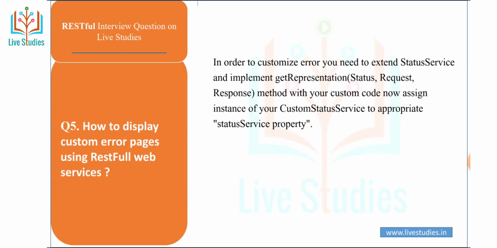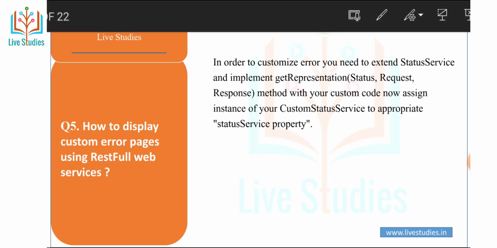Another question is how to display a custom error page using RESTful web services. In order to customize the error, you need to extend the status service and implement the get representation method with your custom code. Now assign an instance of your custom status service to the appropriate status service provider.